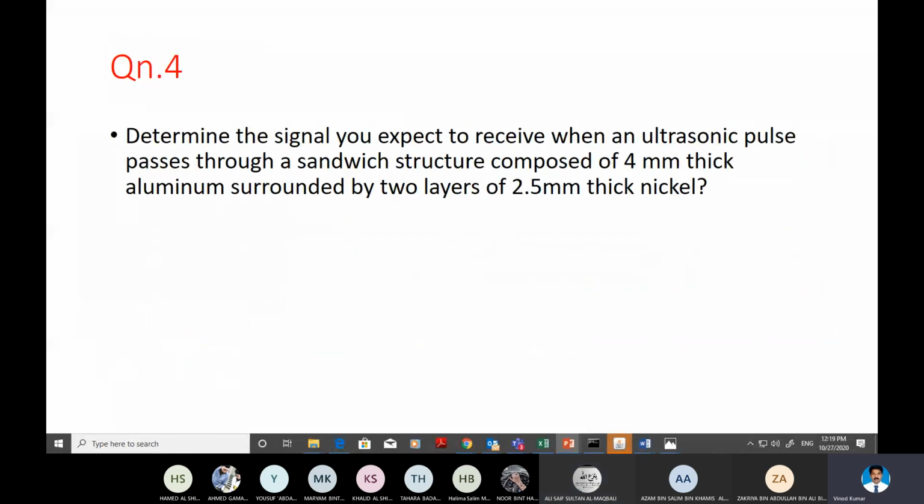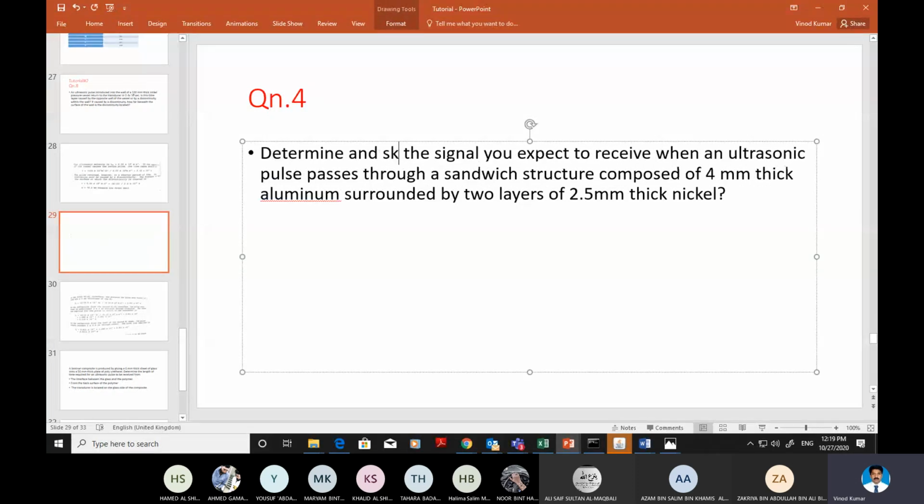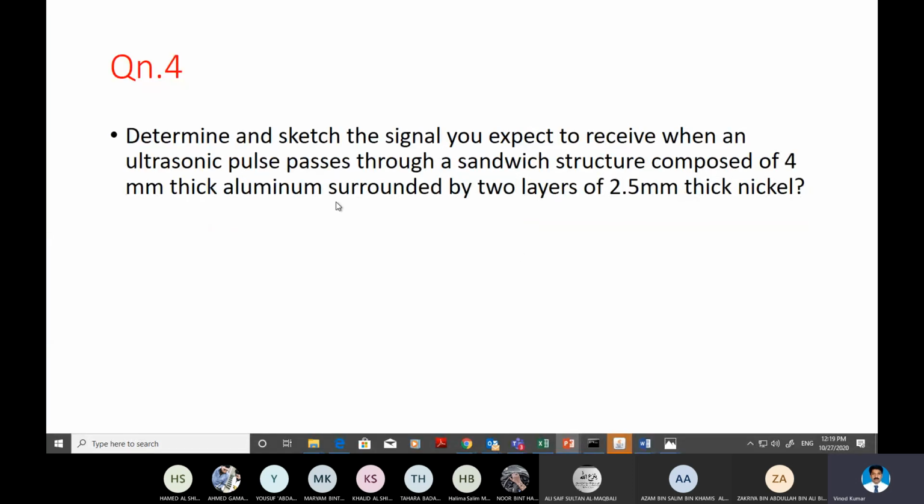See here, now we have a question. Determine the signal you expect to receive when an ultrasonic pulse passes through a sandwich. So I can write determine and sketch: determine and sketch the signal you expect to receive when an ultrasonic pulse passes through a sandwich structure composed of 4 mm thick aluminium surrounded by 2 layers of 2.5 mm thick nickel.